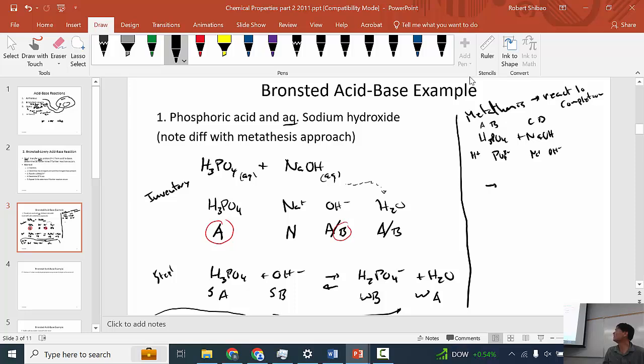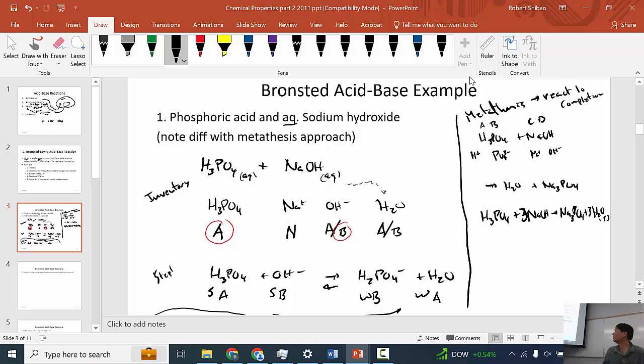So what we're going to form here is hydrogen ions with hydroxide ions, which is water, and sodium ions with phosphate ions, which is going to be sodium phosphate. So if we take our H3PO4, we're going to need 3 sodium hydroxides, and we're going to form sodium phosphate plus 3 waters.